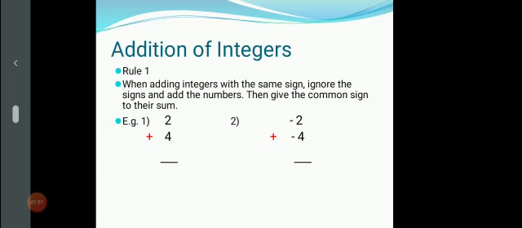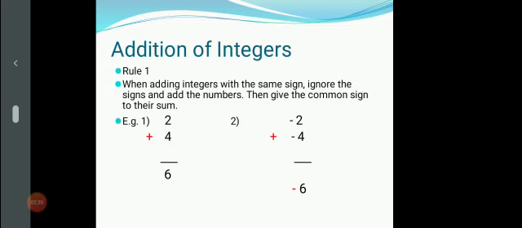The rule says, ignore the sign and find the sum. What is the sum of 4 and 2? That is 6. The common sign should be written, and all of you know that we do not write the positive sign, so the answer will be 6.